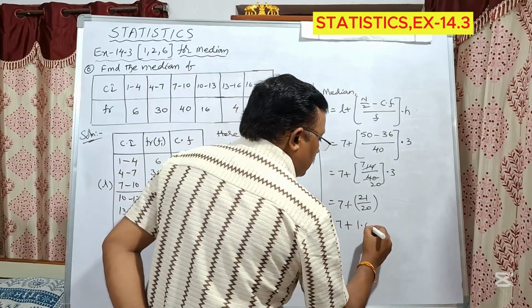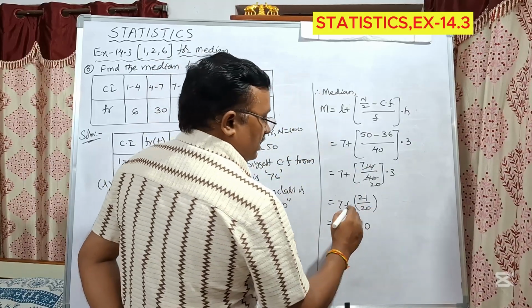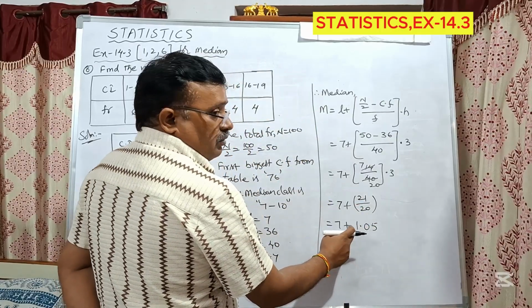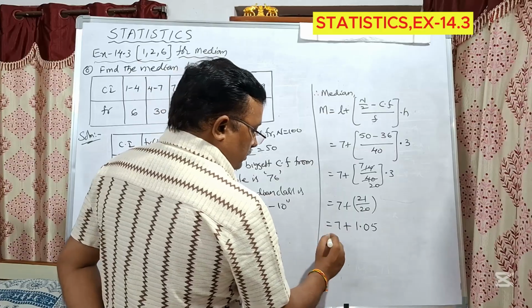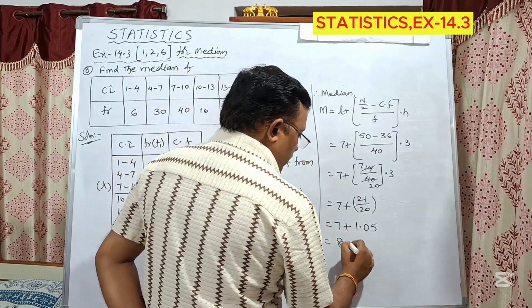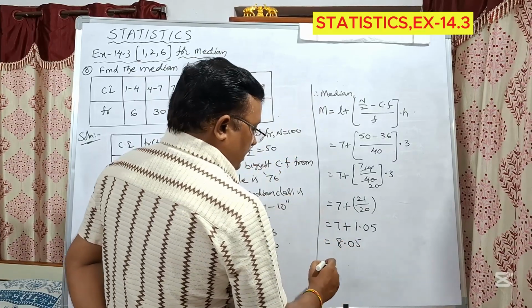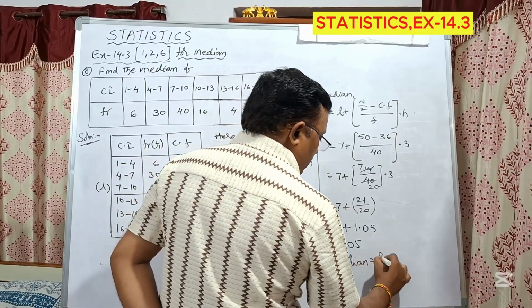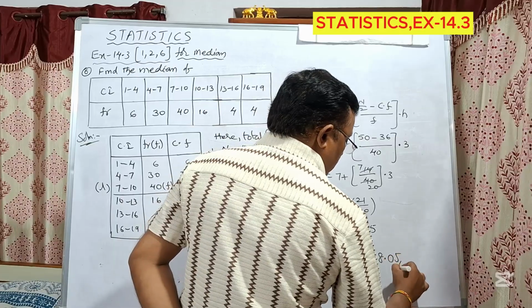So one more 0, then it will become 100, 20 5s are 100. So 21 by 20 value is 1.05, add it to 7, therefore it is 8.05. That comes as the median. Understood? Therefore the median is equal to 8.05.